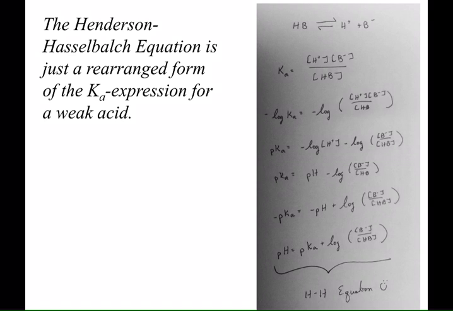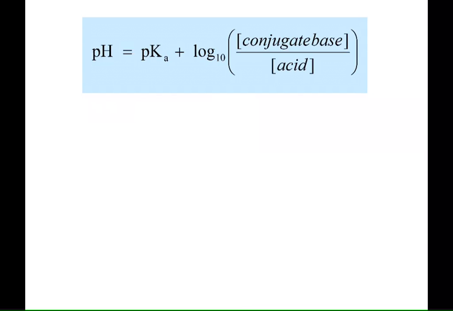Okay, there's your Henderson-Hasselbalch equation. There's one more form that sometimes is preferred, and it has to do with getting away from the molar concentration ratio of the base to the acid.